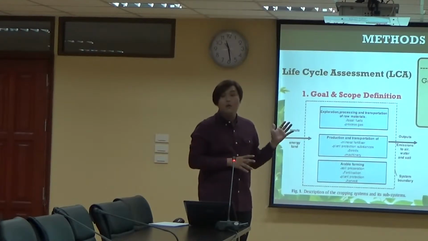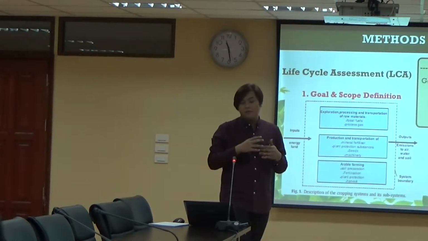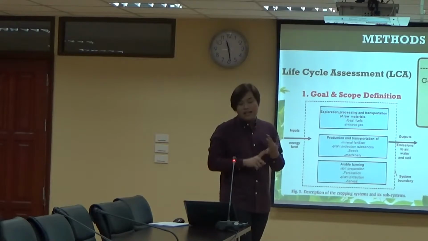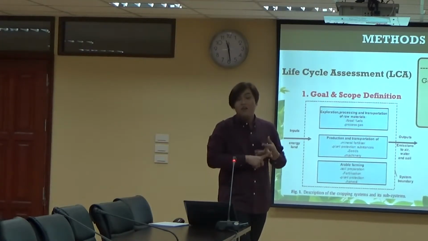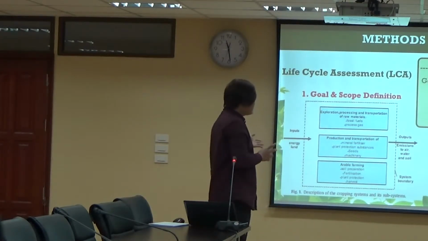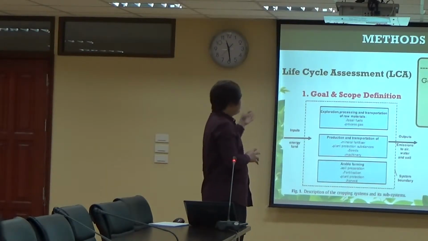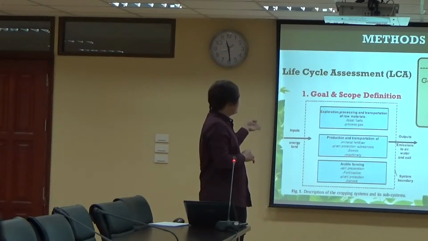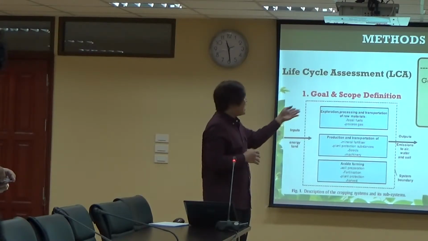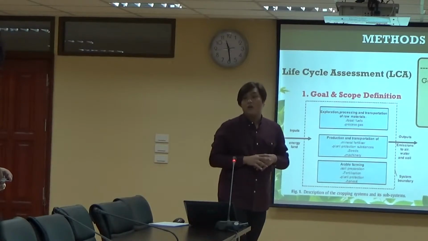And the last one is arable farming, for example soil preparation, fertilization, plant protection, or harvest. And when they set the system boundary, they will set the input and output. The input of this research is the energy and land, and the output is the emission to air, water, and soil.